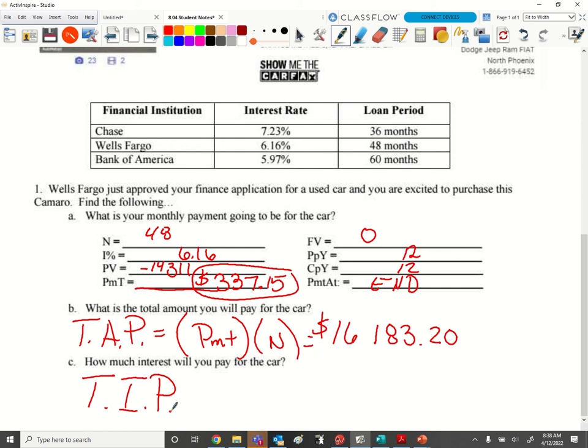And that's always going to be my TAP minus PV.